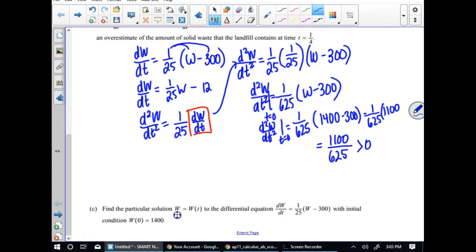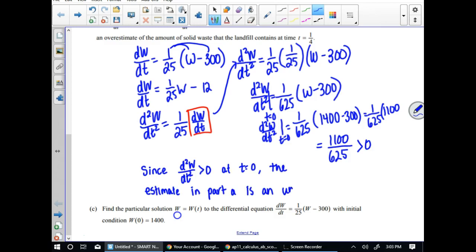So what we'll say is, since the second derivative is greater than 0 at t equals 0, the estimate in part A is an underestimate.